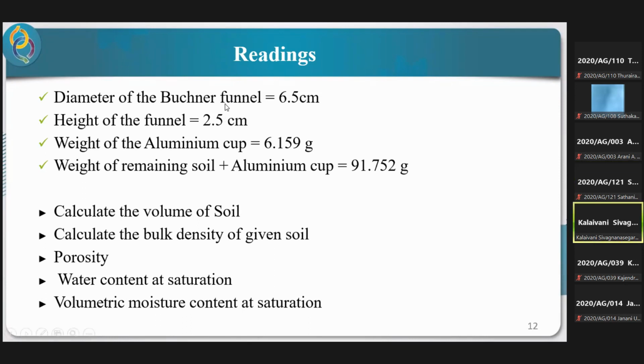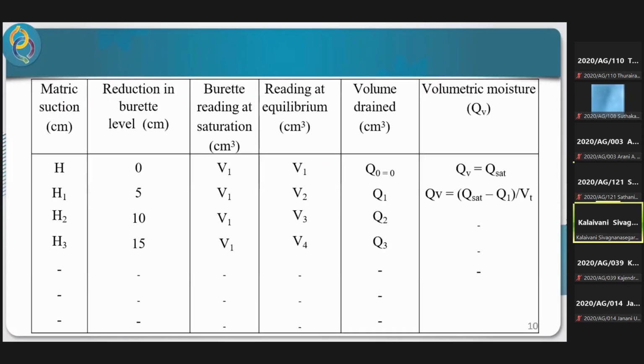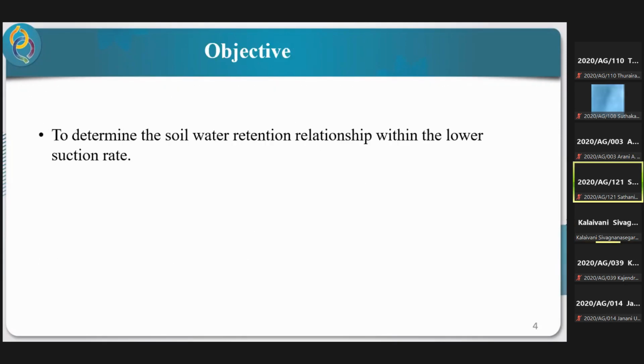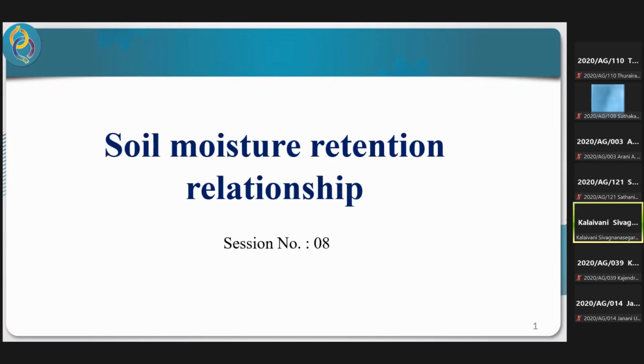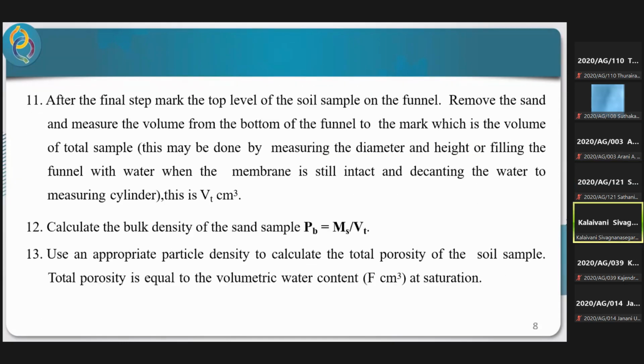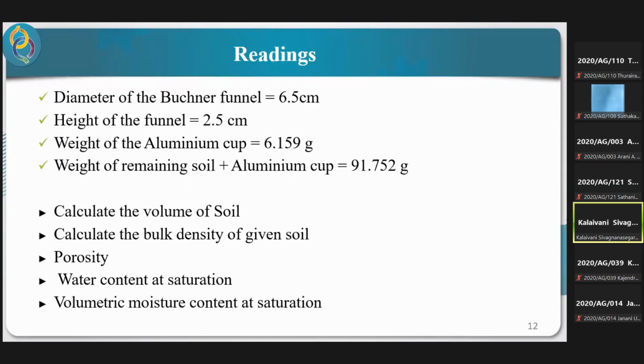How will you find the volume of soil? What is the equation to find a volume? Volume of the cylinder. Because you can observe that the Buchner funnel, that top part, is like a cylinder. That is in the previous practical, right? You all know the Buchner funnel now? The top part looks like a cylinder, no?